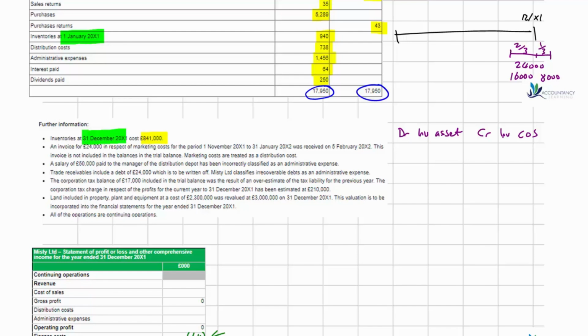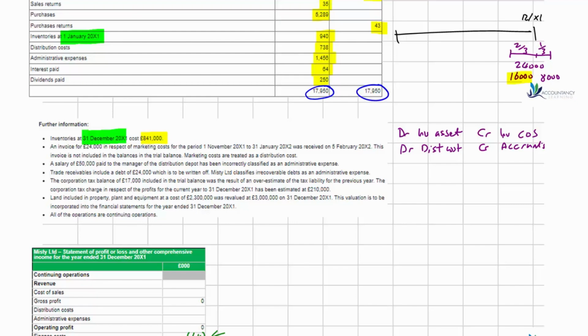So we need to make an adjustment for the 16,000. We need to recognise an accrual for that. It tells us in the text that this invoice is not included in the balances of the trial balance, and that marketing costs are treated as distribution costs. So our double entry in this case, we need to debit our distribution costs and credit the accruals with the 16,000.